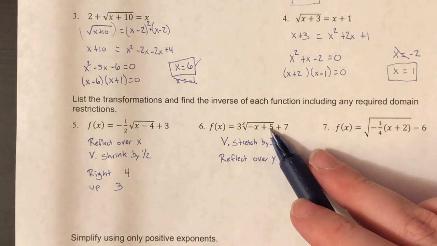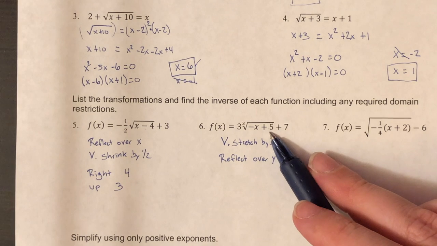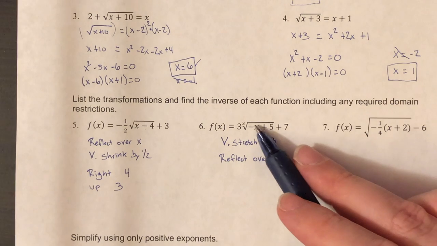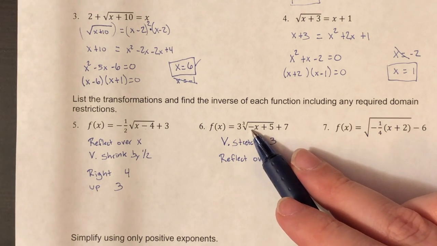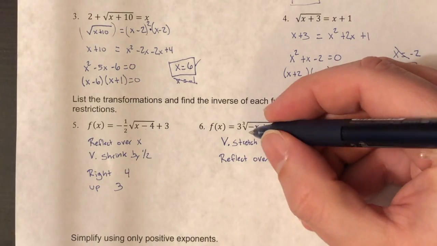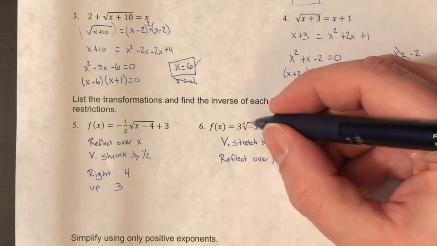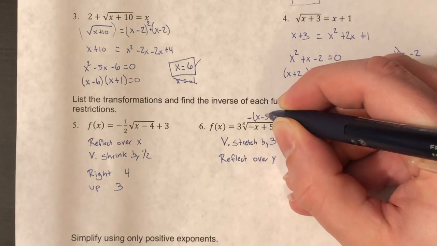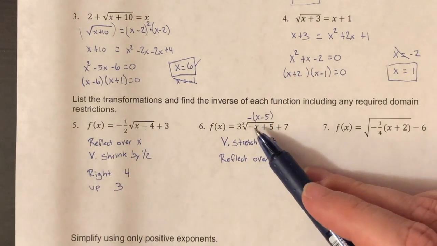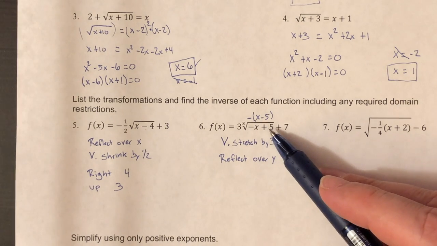Now this +5 is actually misleading, because in order for us to see the real h value, we need to factor out any a value that's not 1, even if it's negative. So this is really 3 times the cube root of negative x minus 5, pulling that negative out from the negative x and the negative out from the +5.